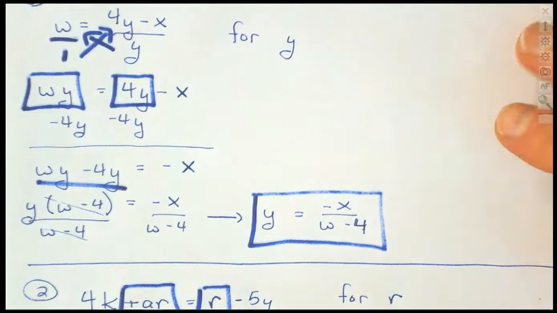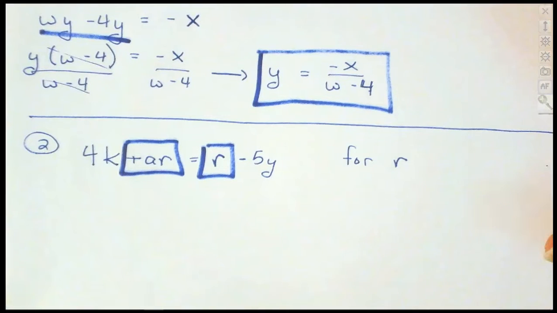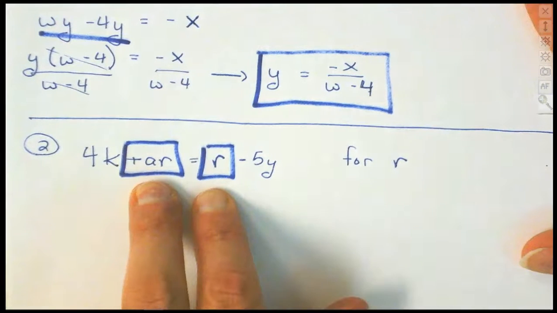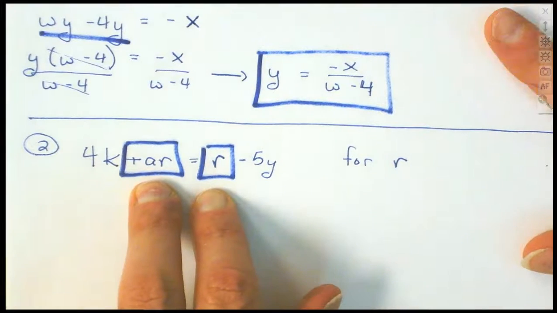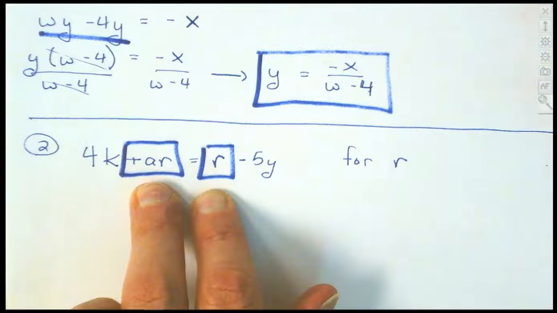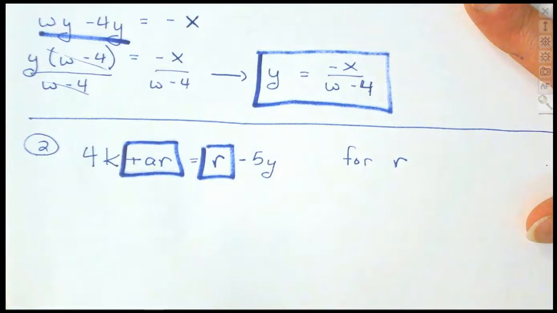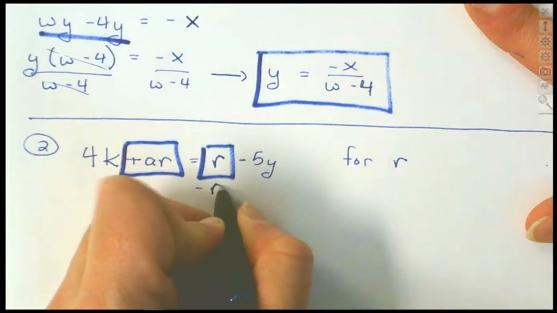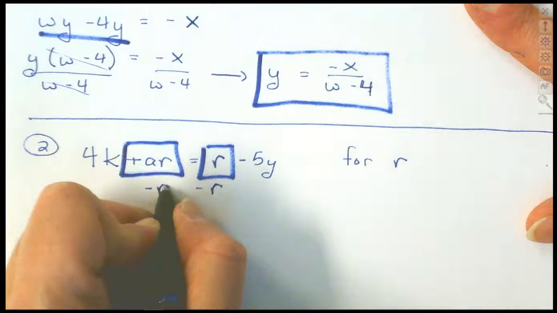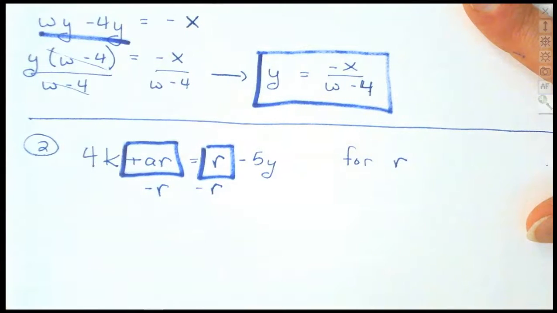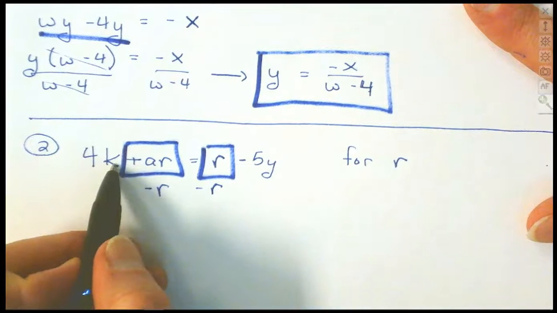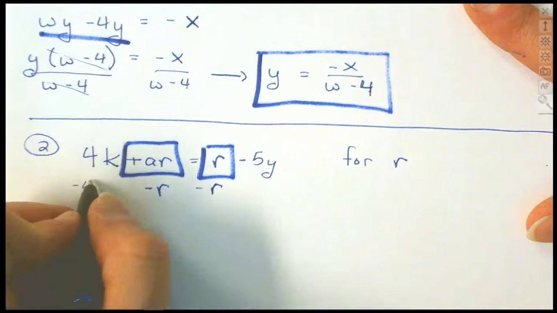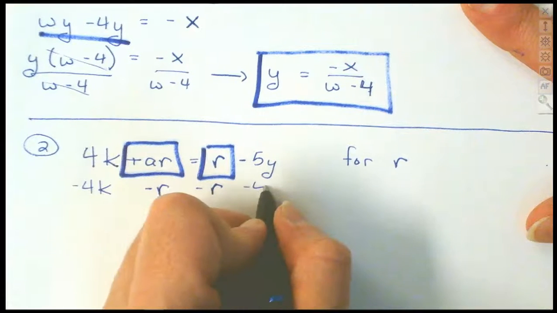So what's going to be our goal? What do we want to do? We want to get these blue boxes on the left. Everything else needs to go to the right. So let's begin by moving that R over. At the same time, that 4k doesn't belong here either, so let's move the 4k over so it goes to the right.